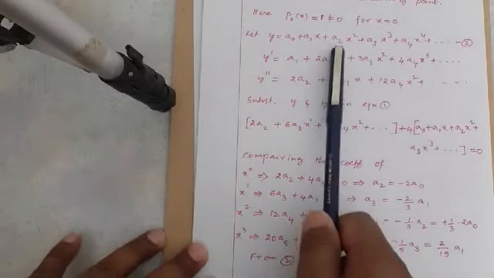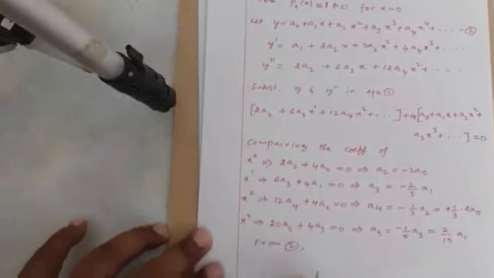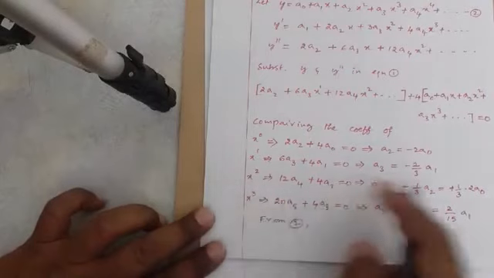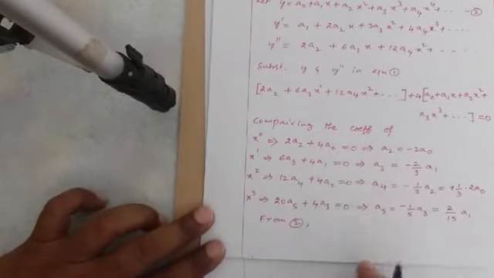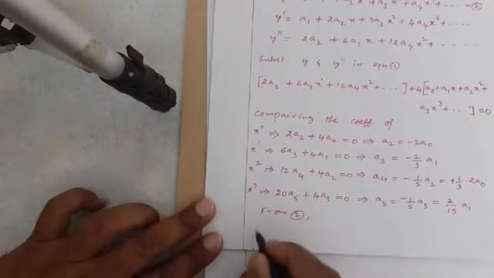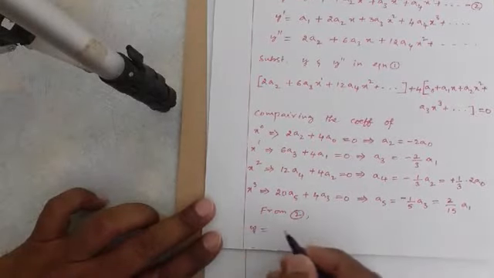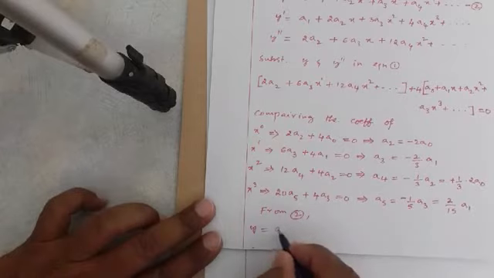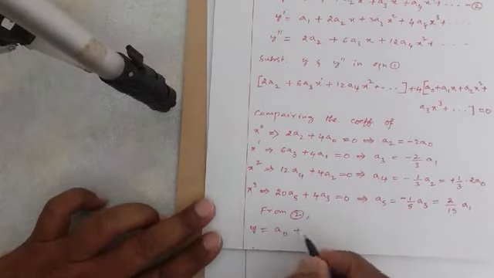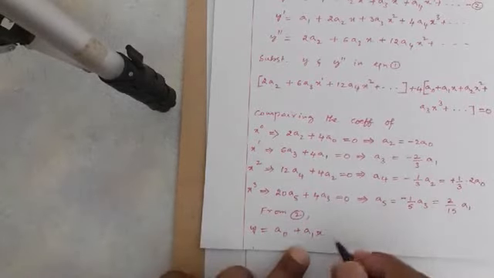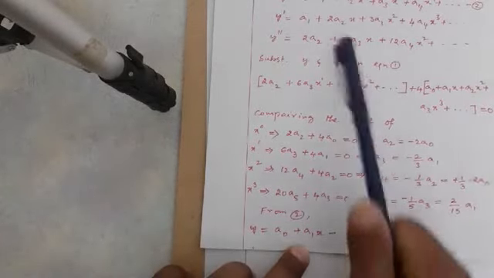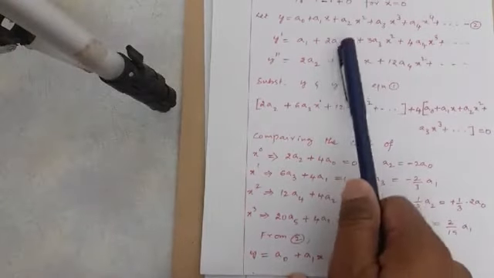So in this solution we have to substitute all the coefficients, whatever you got a1, a2, a3, a4, a5, we have to substitute in the solution. So here that becomes y is equal to, now first is a0, so we write a0 as it is, plus a1x, plus a2 x square.